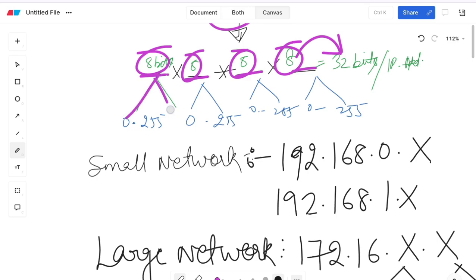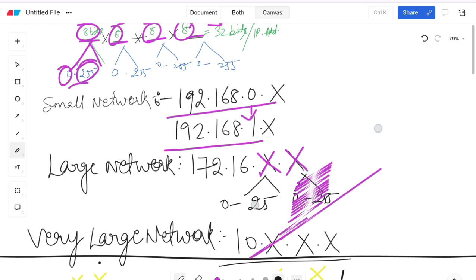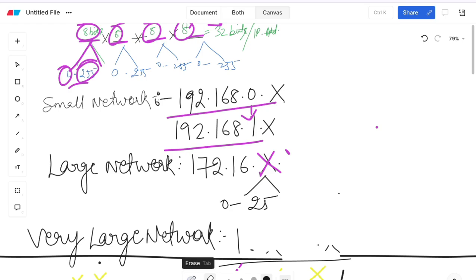Each block has a range from 0 to 255. A small network will have a range like 192.168.1.0. A large network will have 2 more spaces available so that more IP addresses can be assigned. Then we have a very large network, which will be like 10.x.x.x.